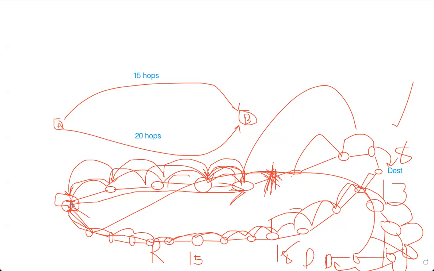Okay, so let's say there is a RIP protocol, and there is a route learned from the neighbor via RIP, and there is a route learned via a static route. Which route is preferred, guys?